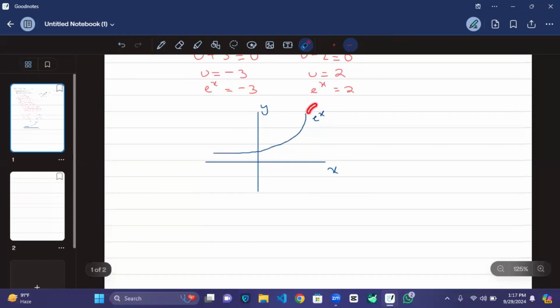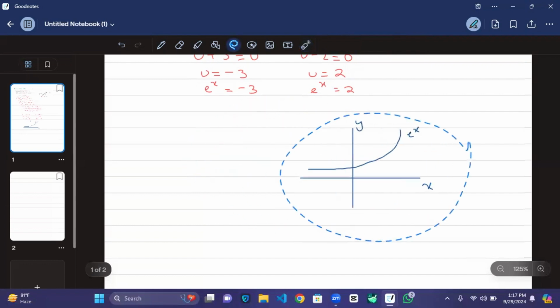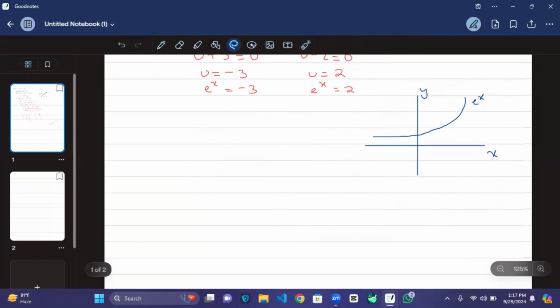So one thing is clear: this e to the power x graph will never intersect the negative x-axis. So e to the power x equal to minus 3 will have no solution. Only e to the power x equal to 2 will be considered, and the other value, minus 3, will not be considered, as the graph of e to the power x will never cross the negative x-axis. And as we move forward, it will be parallel to the x-axis.